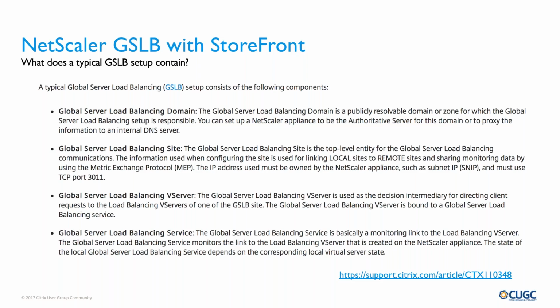Then we've got a load balancing virtual server. So that's essentially what directs client requests. That's pretty similar to what most of you are probably used to around using StoreFront load balancing and various other services. We've then got the actual global server load balancing service. So that monitors the state of the service, and then from there, users are directed to the resource.